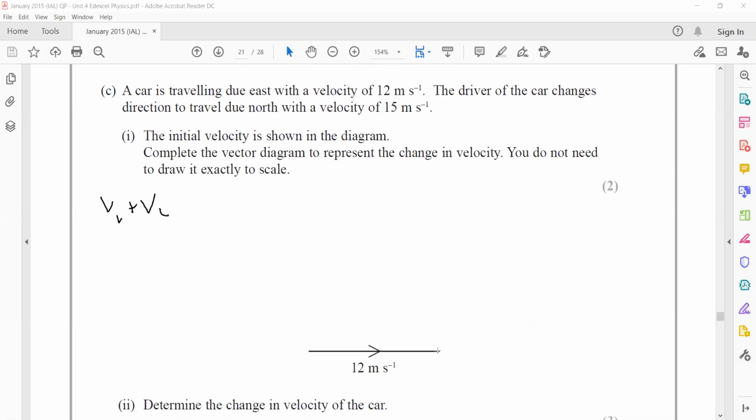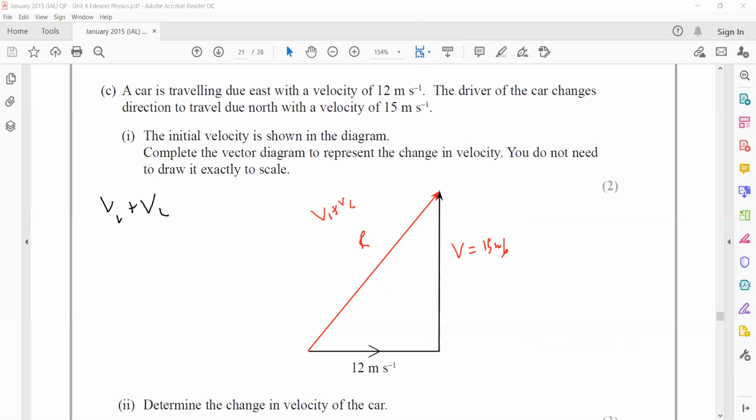I will draw V2 from the head of V1, and from the tail of the first to the head of the last, we will get the resultant, which is V1 plus V2.